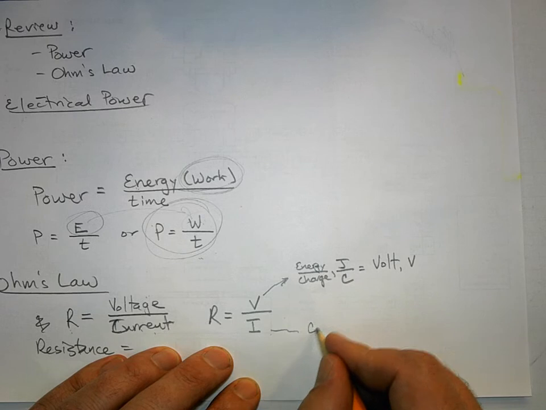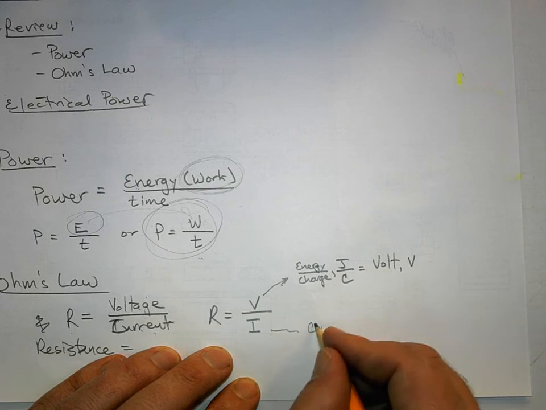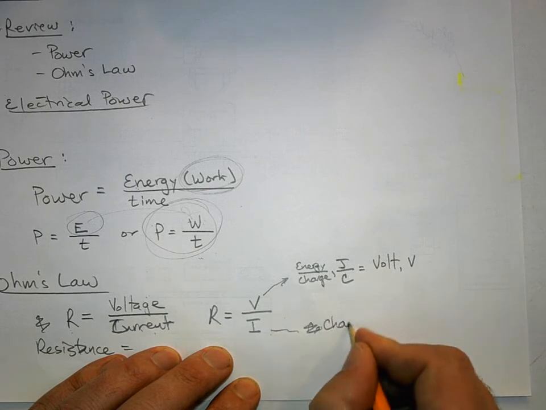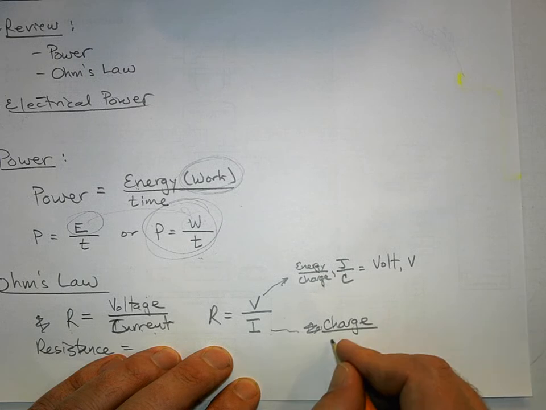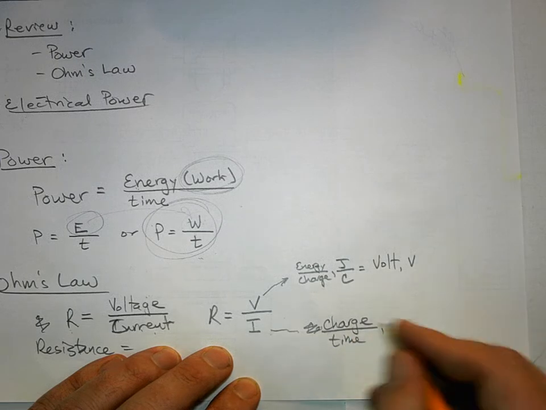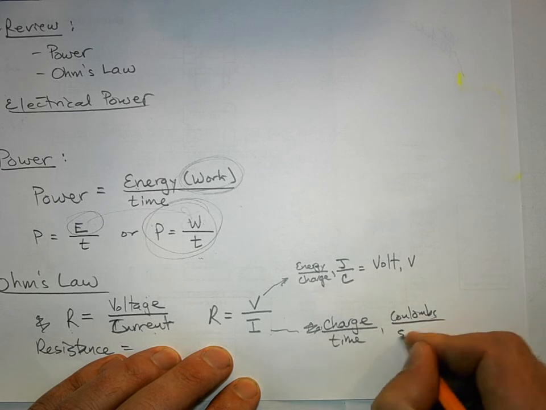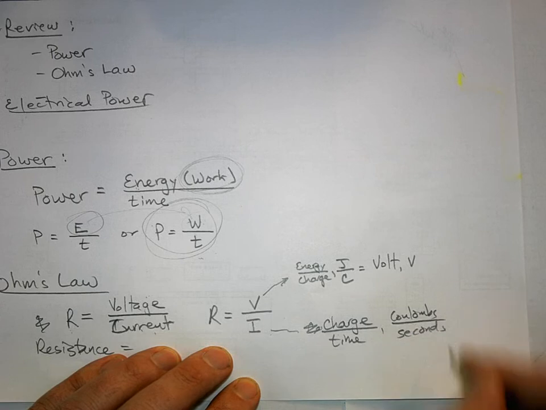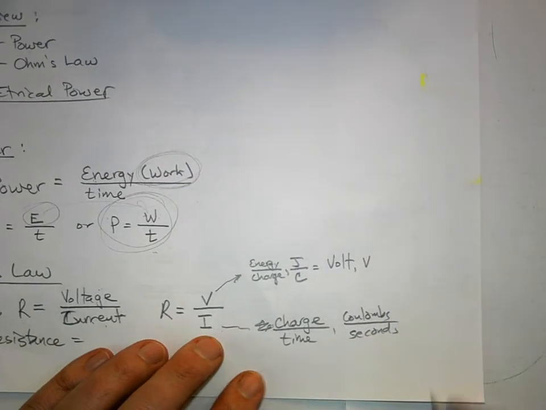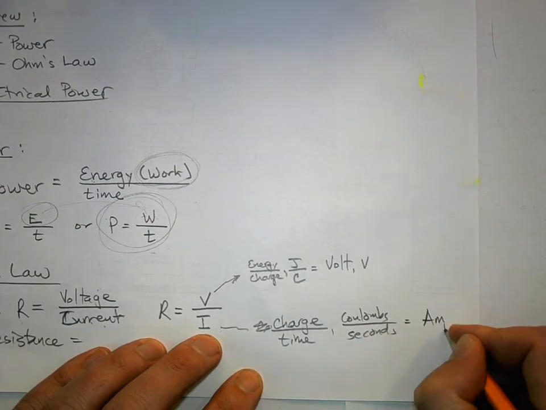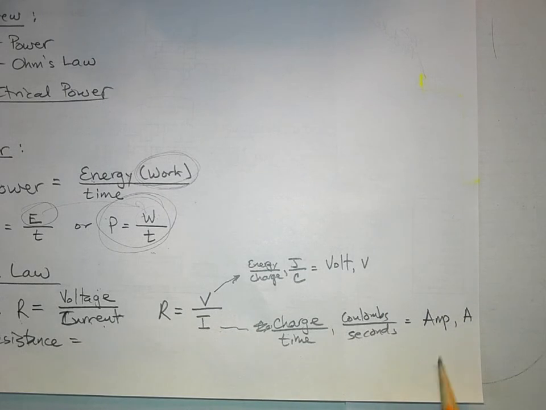It's the charge per unit time. Let's state it in quantities, and then I'll go to units. So charge per unit time, and of course our units for charge, we use coulombs per second, and then we said that a coulomb per second is an amp, which we abbreviate with an A.